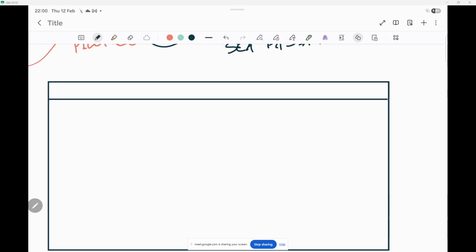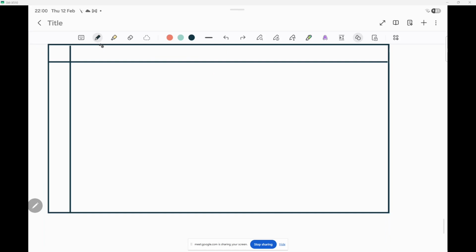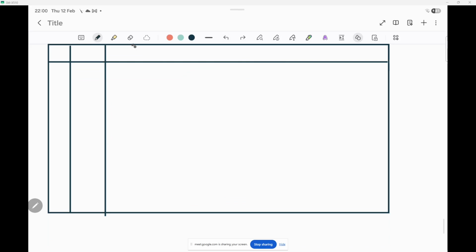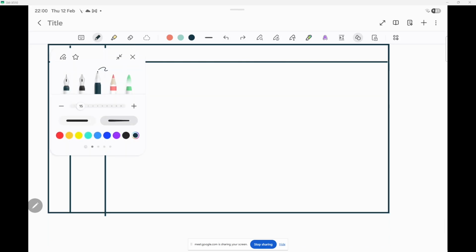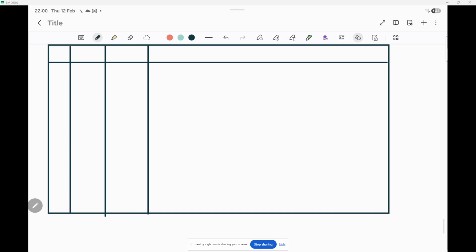Okay, now the first thing is the waypoint number, then your latitude and longitude of the waypoint. So latitude and longitude. Okay.